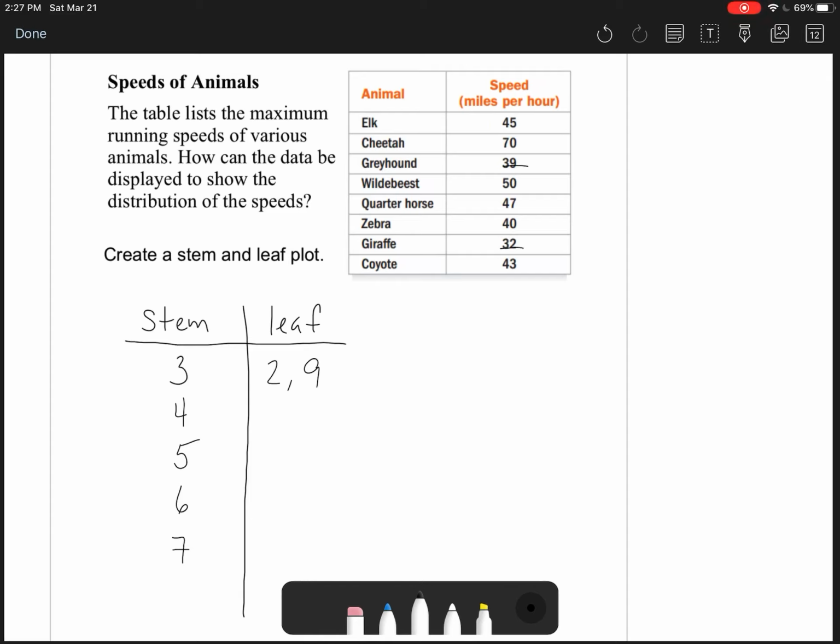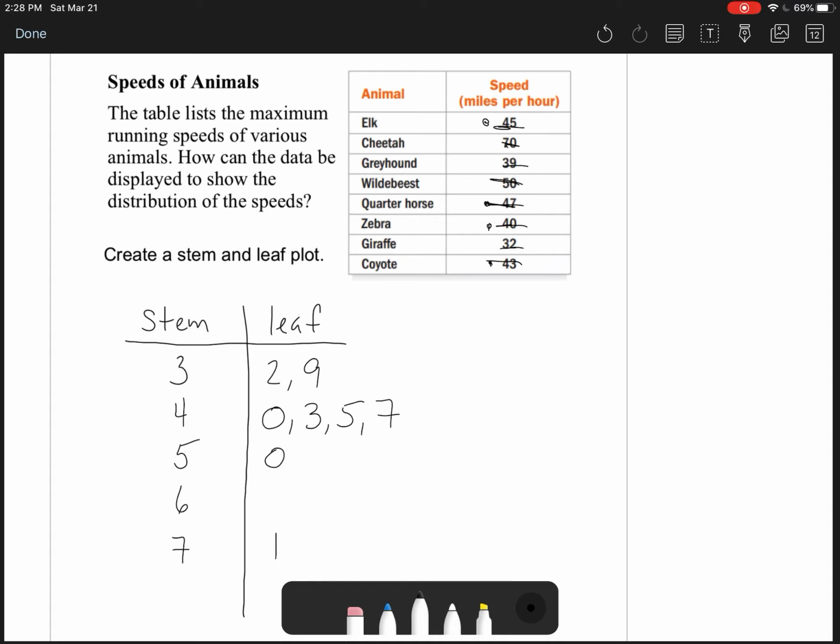In the 40s, I have 40, 43, 45, and 47, so I'm going to put 40, 43, 45, and 47. The next one is 50. I have just 50. I have no 60s, and I have 70. So that's what your stem and leaf plot is going to look like.